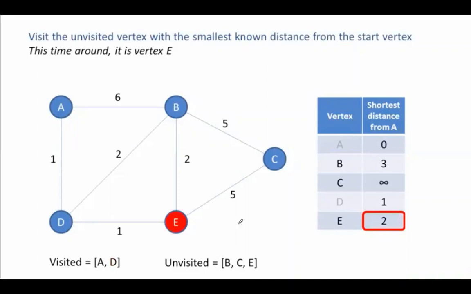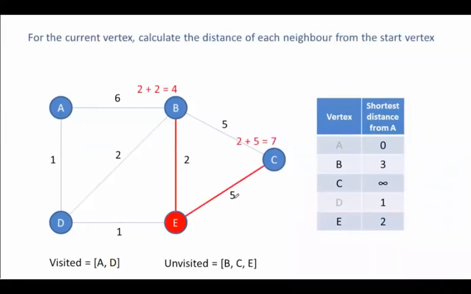From E, you try to find out the distance to its neighbors. B and C are the neighbors of E. To reach E, we know we need value 2. So from E, if you want to reach B, what is the distance? And from E, if you want to reach C, what is the distance you have to calculate?